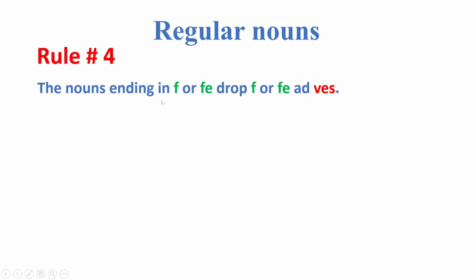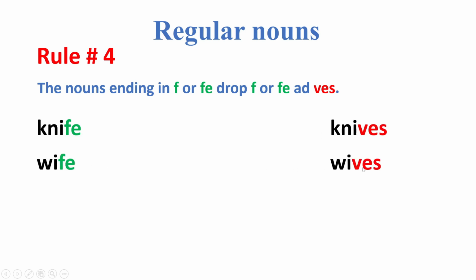The nouns ending in f or fe, drop f or fe, add ves. Like these examples. Knife. You see the noun knife ends in fe. So we drop fe and add ves to make it plural. Like knives. Wife, wives.